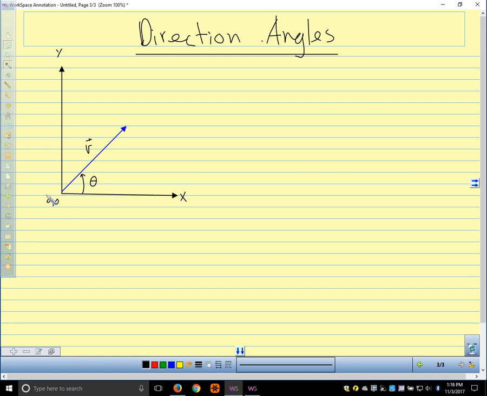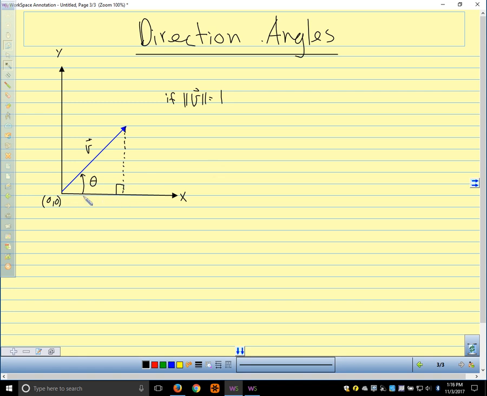This is the origin. And what we're going to do is draw a little right triangle here. If the magnitude of v is 1, so that's like saying that the hypotenuse is 1, like saying we're on the unit circle. Not kind of, exactly like saying we're on the unit circle.